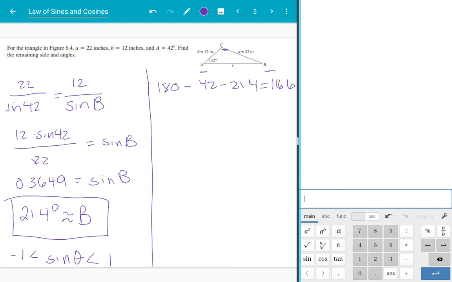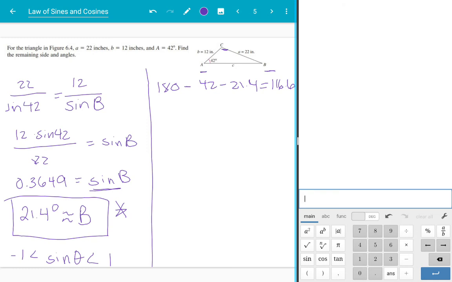Now, here is how I want you guys to check and see if a second triangle is possible. We found this angle to be angle B, right? Now, remember, we just took the inverse sine of this ratio. What do we know about sines in quadrant 1 and quadrant 2? Sines in quadrant 1 and in quadrant 2 are positive.